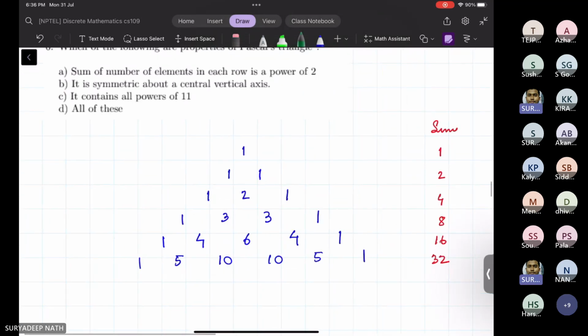If we check, it is symmetrical about a central vertical axis. So if we draw a central vertical axis, you see the left and the right side are the same, and it contains all powers of 11.